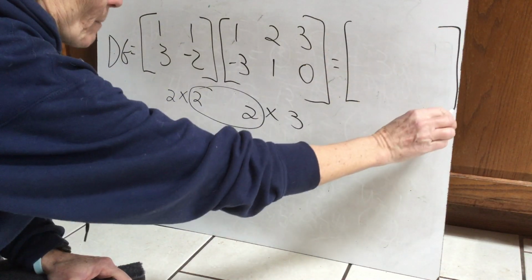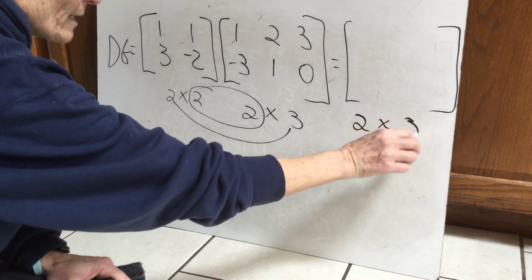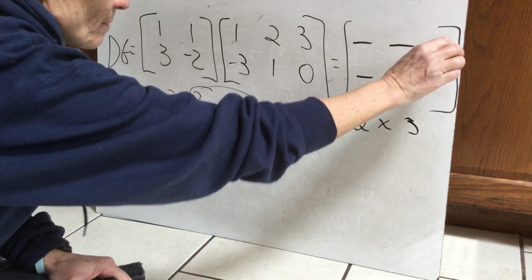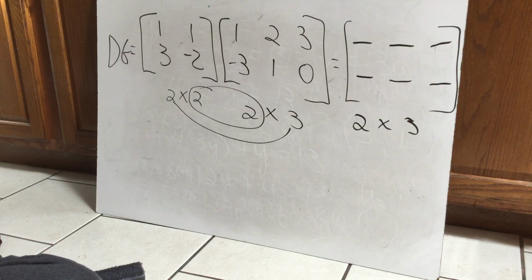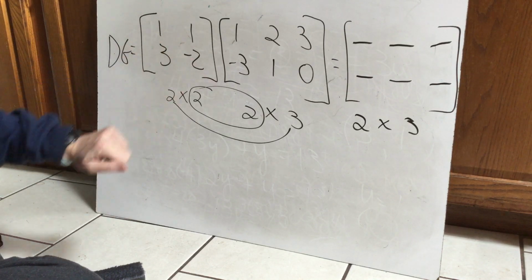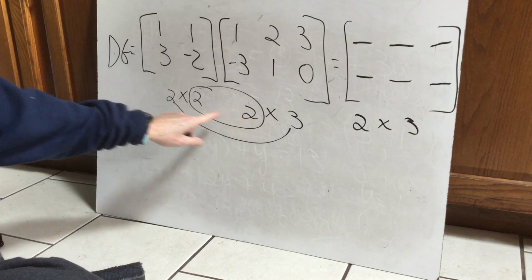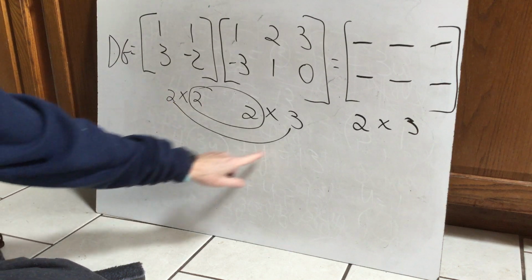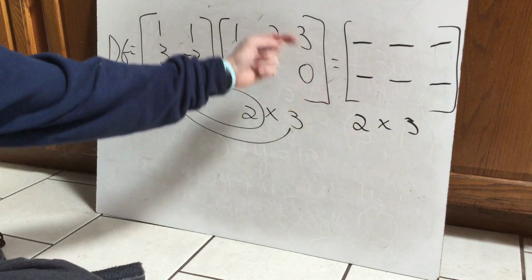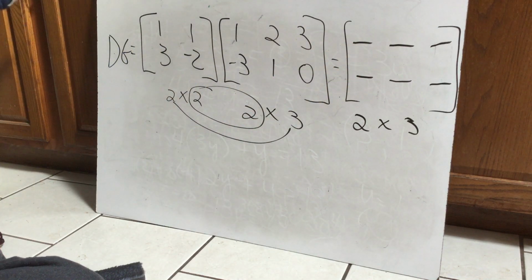My answer is going to be a 2 by 3, so it will have 2 rows and 3 columns. The first one is 2 by 2, the second is 2 by 3. The inner two must match, and they do. The outer two give me the dimensions of the answer. Now I'm going to start filling in these numbers.